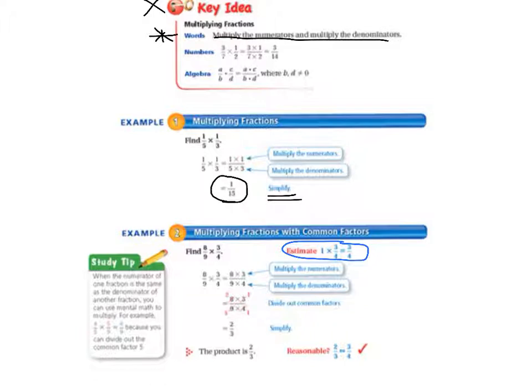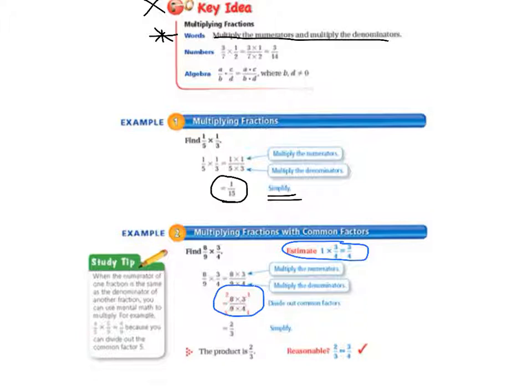So we can take 4 and divide it into 8. 4 goes into 8 2 times. So 4 goes into itself once, so we make that a 1. And it goes into 8 twice, so we make that a 2. And 3 goes into itself once, and 3 goes into 9 three times. So we make that a 3.